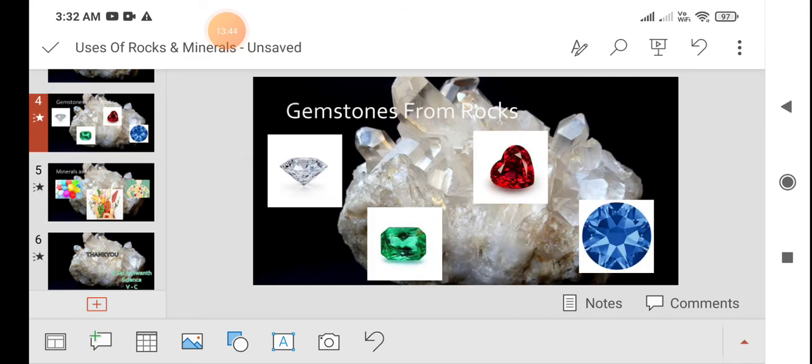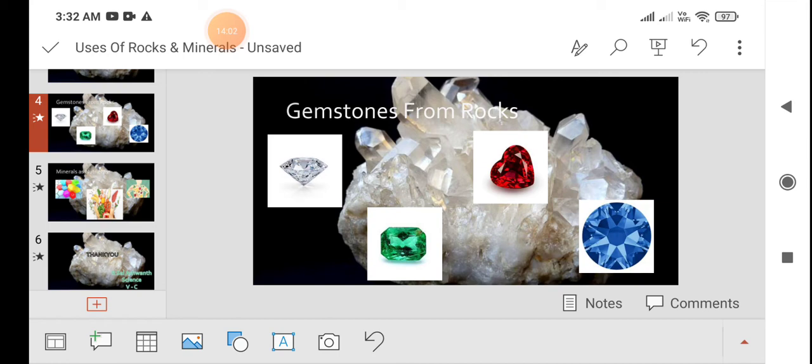We are also getting uranium. It is not a mineral but is found with the minerals. It is used for producing tremendous energy. This is called nuclear energy. Atomic power plants use this uranium to produce nuclear energy.